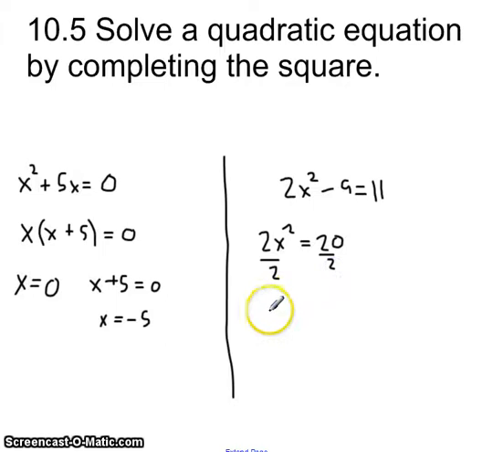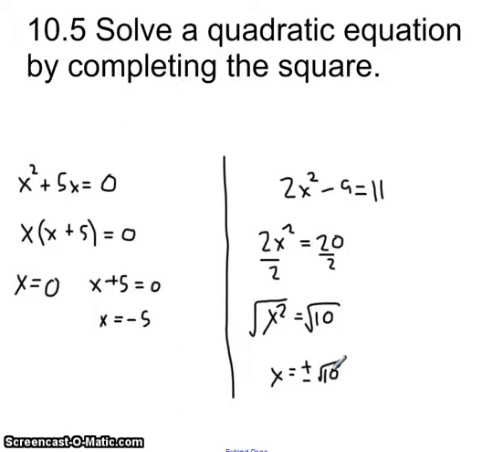And this gives me x squared equals 10. To undo the squaring of the x, what we do is we square root both sides. And that's going to leave me just with the x on the left side. And then we have to remember that anytime you use the square root property, you have to have a plus or minus of the square root of 10.